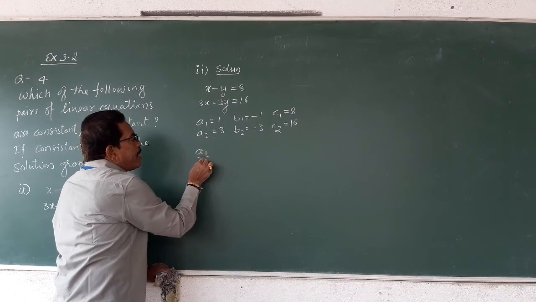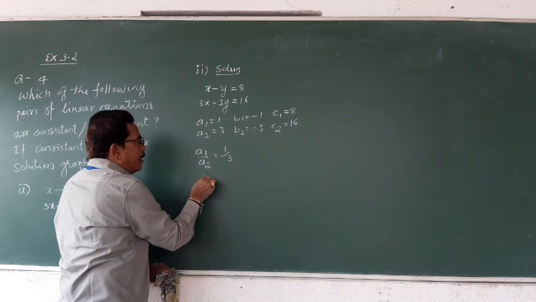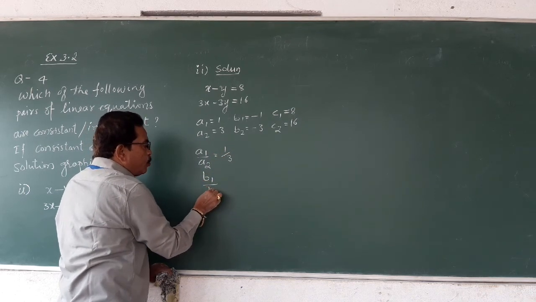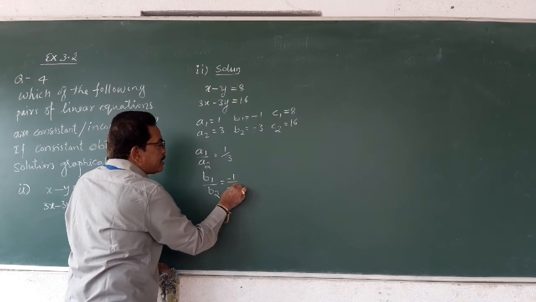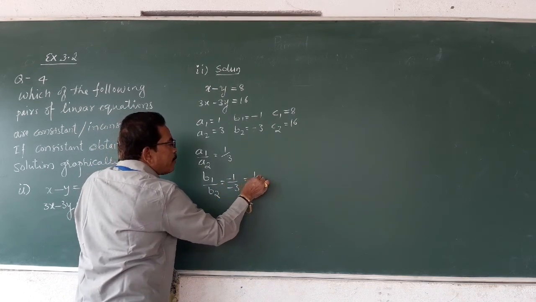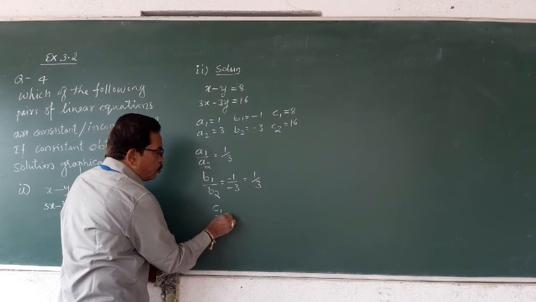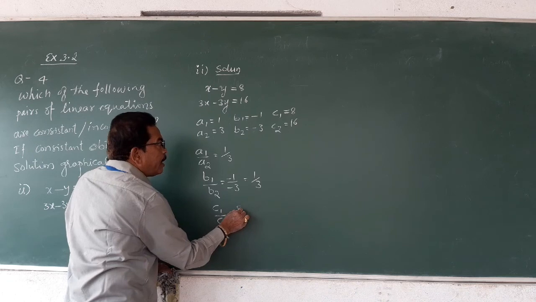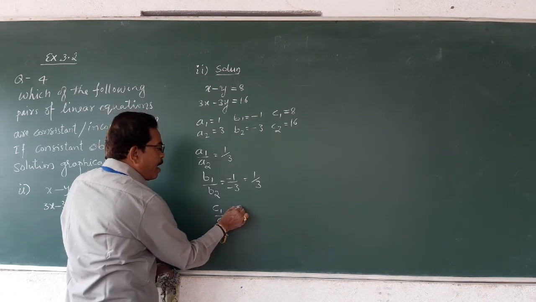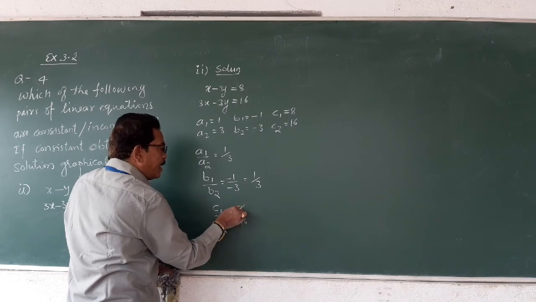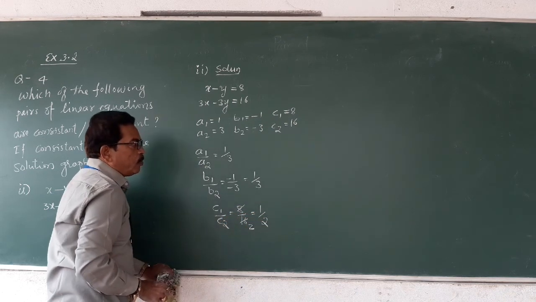Therefore, a1 by a2 equals 1 by 3, b1 by b2 equals minus 1 by minus 3, equals 1 by 3, and c1 by c2 equals 8 by 16, which is 1 by 2.